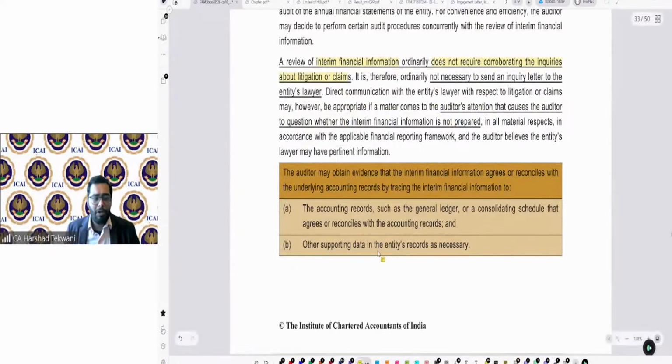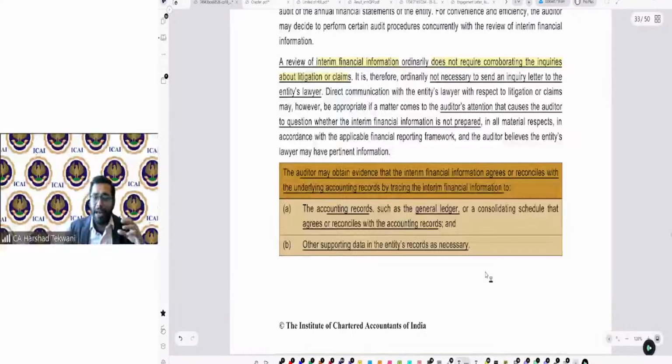Now, again on the similar lines, the auditor needs to obtain evidence that the interim financial information agrees and reconciles with the underlying accounting records, by tracing the interim financial information to the accounting records, reconciling and agreeing with the accounting records, general ledgers, and other supporting data, whichever is provided and available.